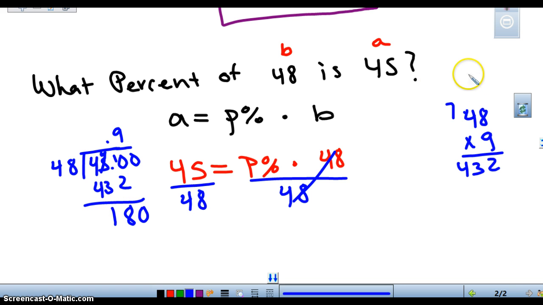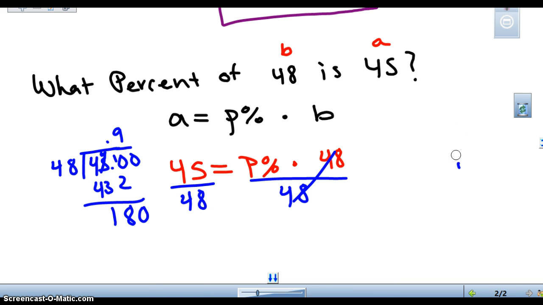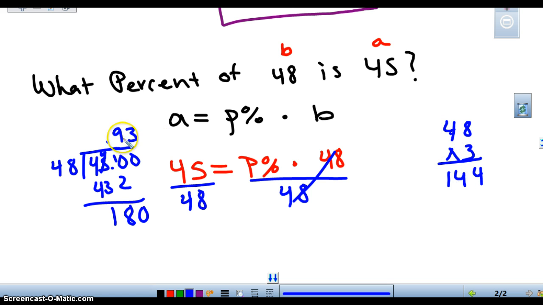48 goes into 180 how many times? 3. 48 times 3 is 144.